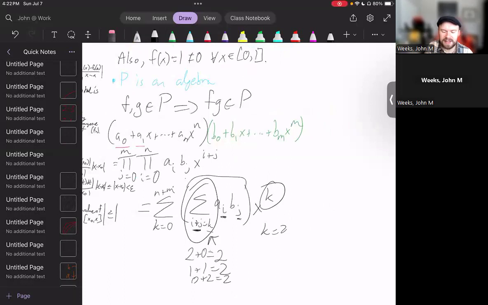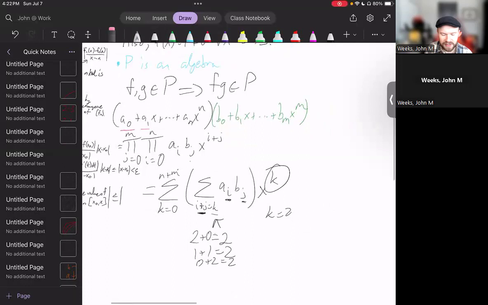Each of these is a constant times x to the k, and then we are adding over the x to the k powers. So that looks a little bit more like the kind of polynomial that we're used to seeing. So this is in the space of polynomials. This was an arbitrary polynomial, and therefore their product, being another polynomial, shows that this space is indeed an algebra.